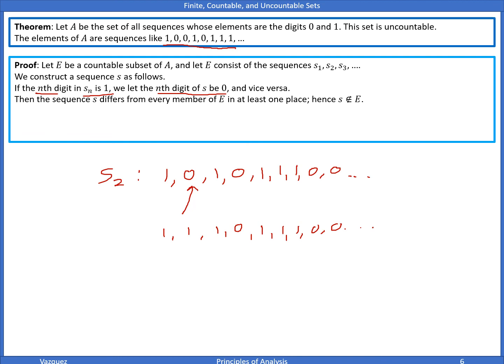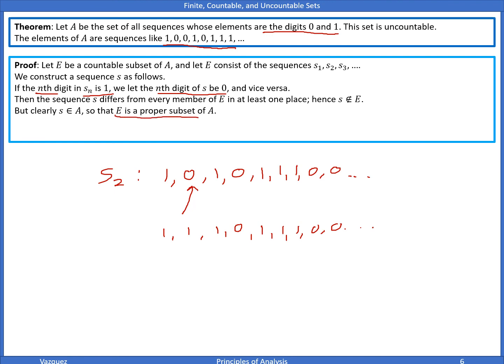So s can't be in E, right? s differs from s sub 2 in the second place. It differs from s sub 3 in the third place, so on and so forth. So that sequence s cannot be in E, but clearly s is in A, right? Because it's a sequence of just the digits 0 and 1.